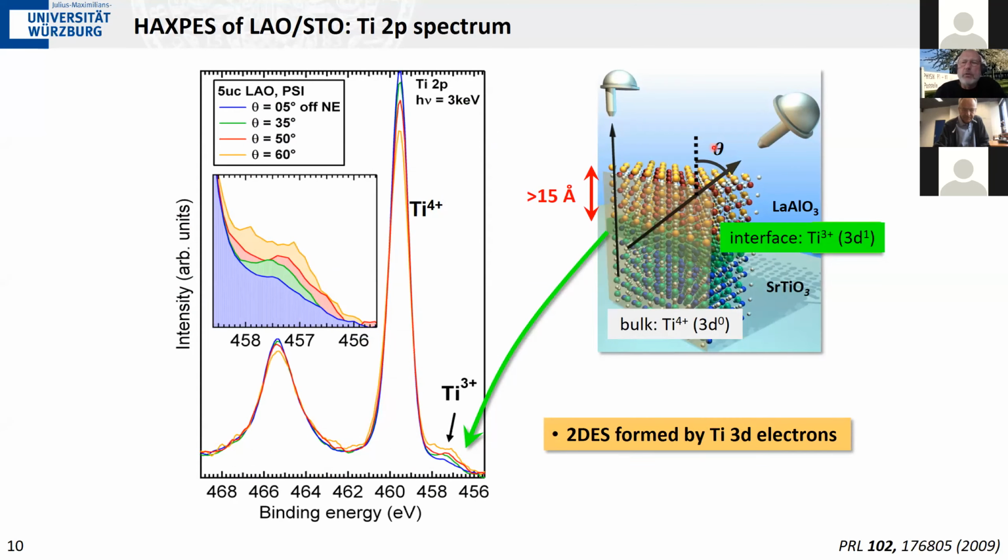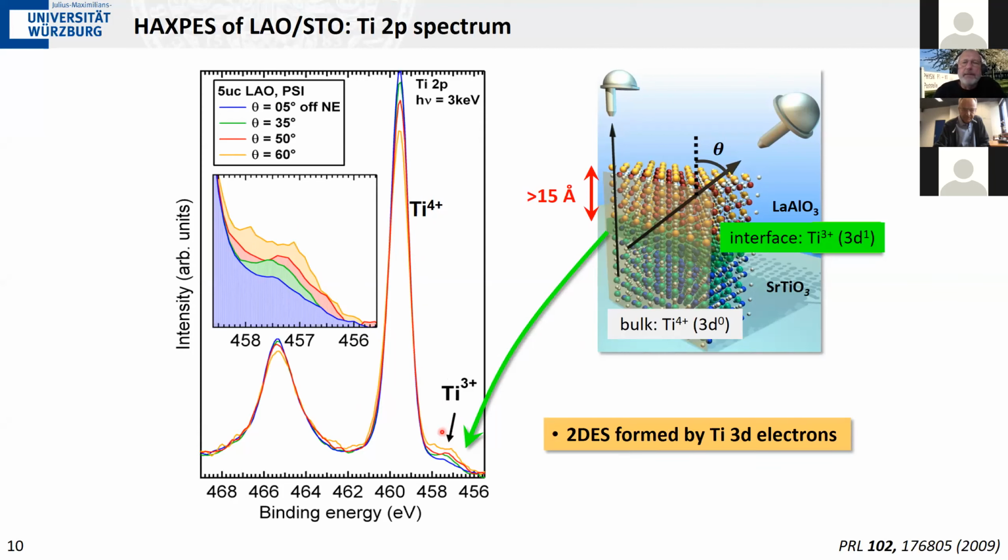So as you go to higher angles, you shorten the exponential probing depth and become more sensitive to the interface layer. As you do this, you find that the intensity of this shoulder is going up, and it's about 1 to 2 electrons at lower binding energy, and that's a typical sign that this is a different valency.